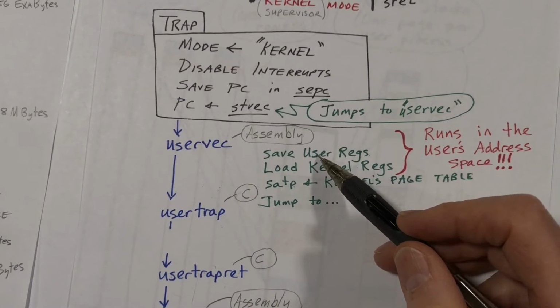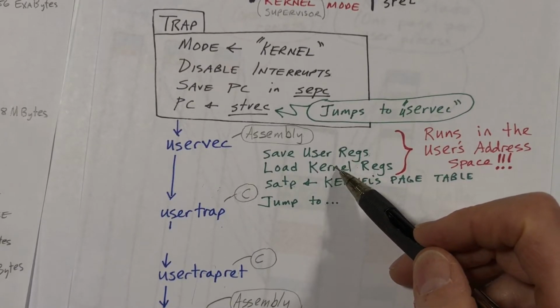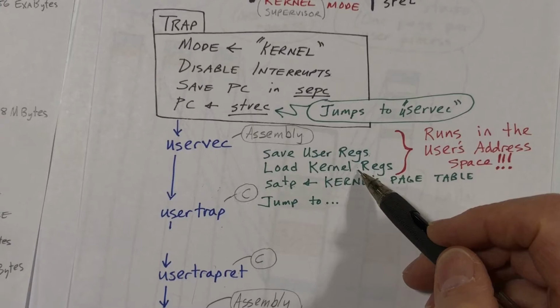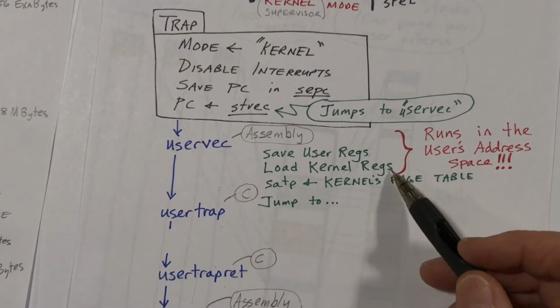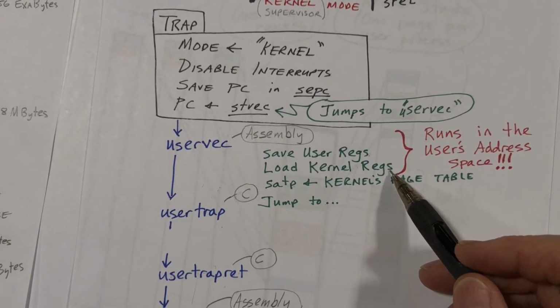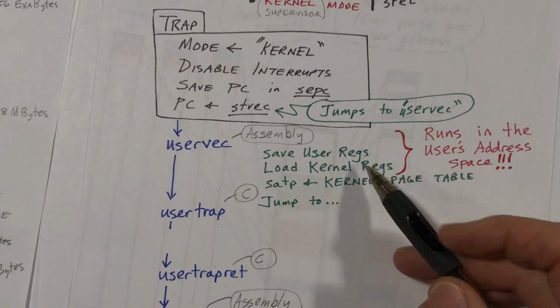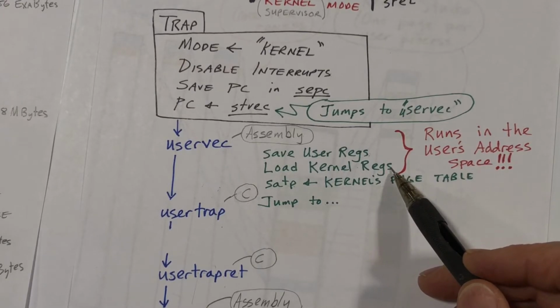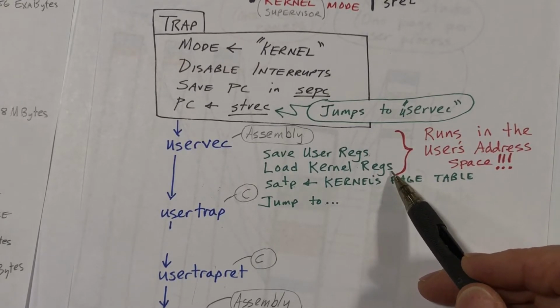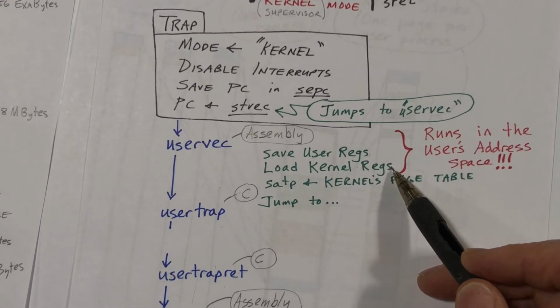We save the user registers and we load the kernel registers. Each process will need a separate stack. Obviously, 2 separate threads cannot share the same stack. They each need an individual stack. So each one of the 64 threads that are associated with the 64 user processes will have its own stack.